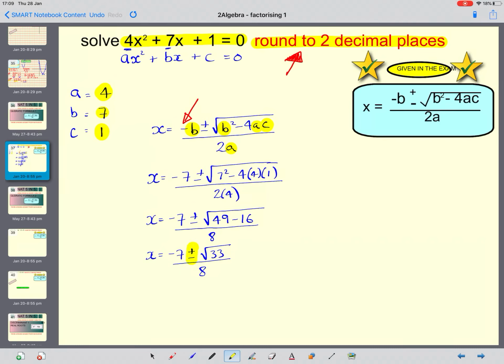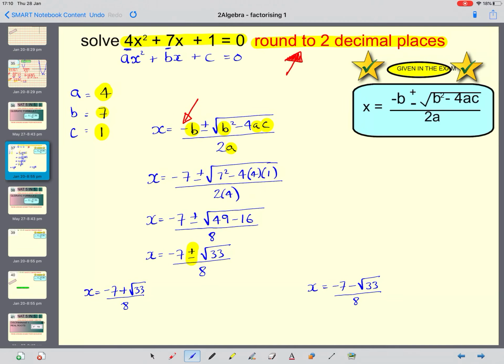Now you'll see this plus or minus here, it means it's got 2 solutions. So you're going to separate your solutions at this point. You'll have x equals negative 7 add root 33 all over 8. You'll have a solution of x equals negative 7 take away root 33 all over 8.